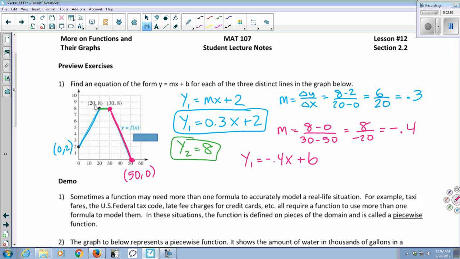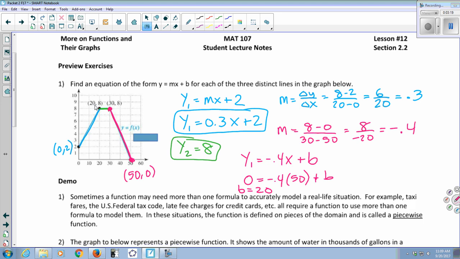So I put in 0 for y equals negative 0.4 times 50 plus b, and then I can solve for b. 0.4 times 50: 0.1 of 50 is 5, but I have 4 of those, so 20. So it's negative 20. Add 20 to both sides, so you get b is 20.